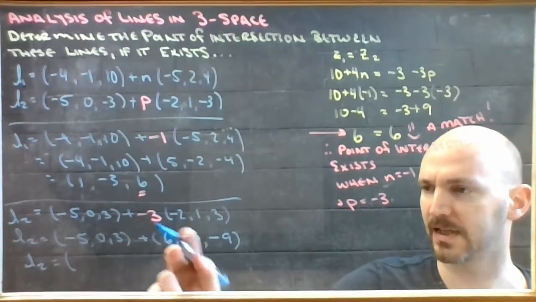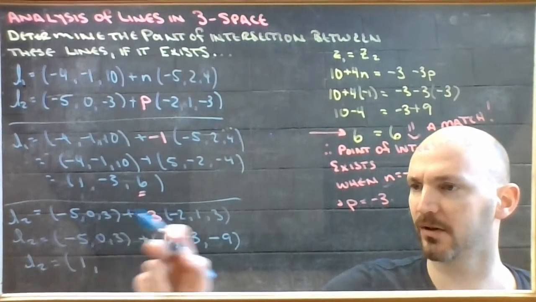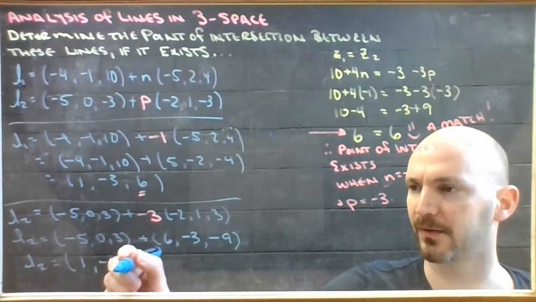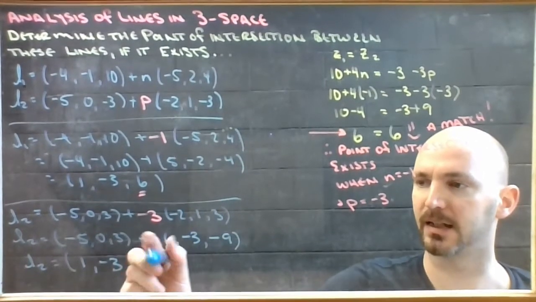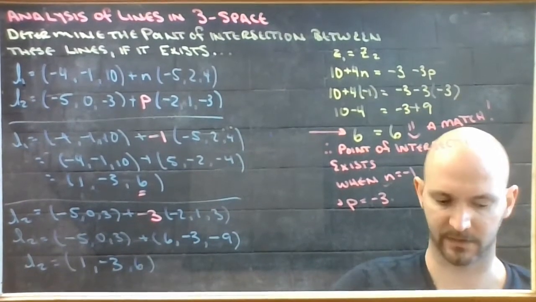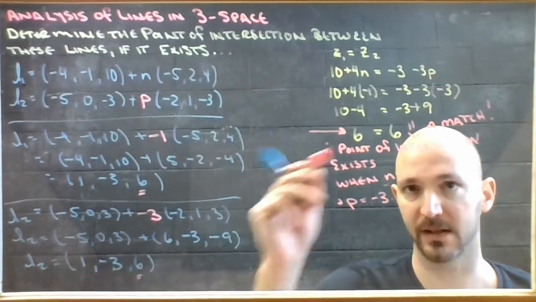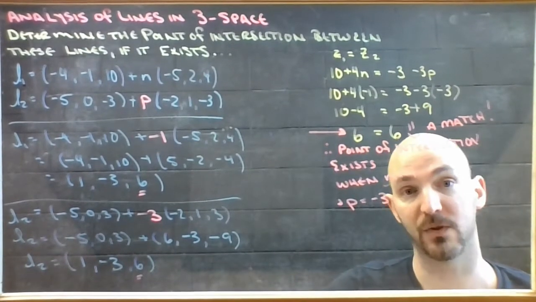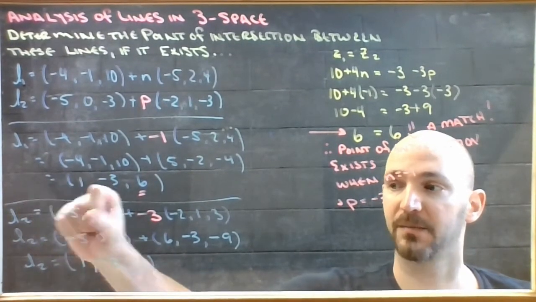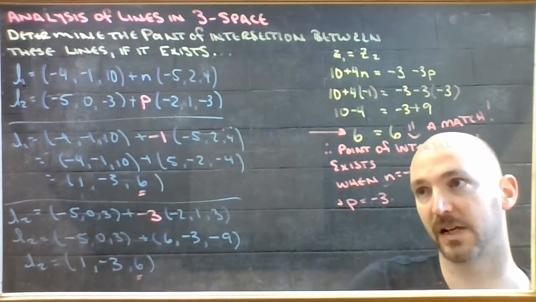Minus 5 and 6 is 1, 0 and -3 is -3, 3 and -9 is 6, which again matches in the z-coordinate, and you can see that the x matches, the y matches, the z matches.